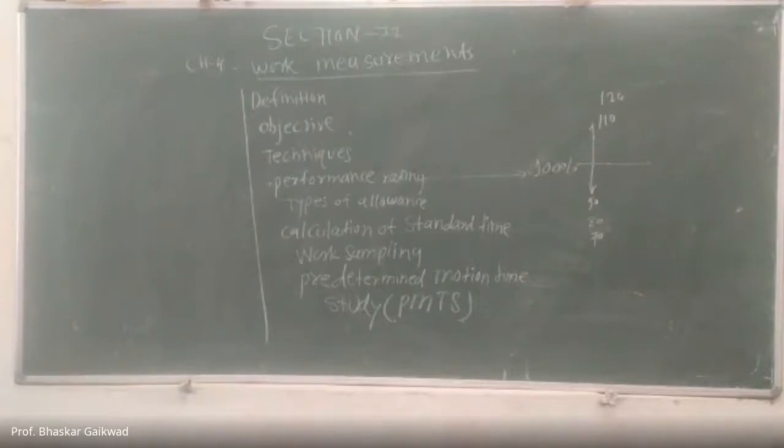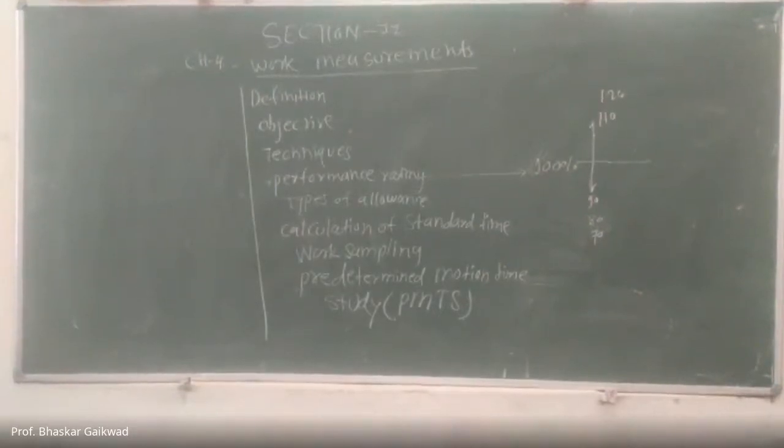If it is early, then we can give motivation to that worker. We will provide the incentive, we will provide the bonus, financial help like this. And if that person takes more time than standard time, ultimately deductions will be there in his wages or in his salary, because it is not affordable to that industry. So the main need of work measurement is to decide the standard time to manufacture any job.